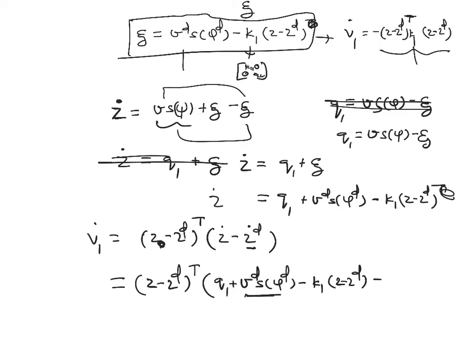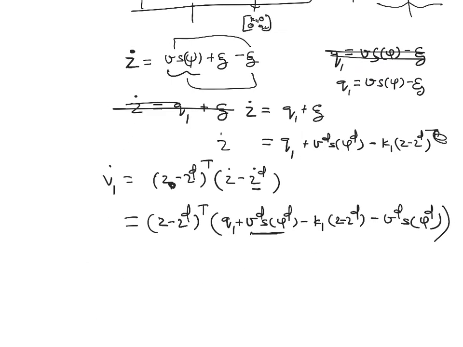So it is minus of vds psi d. Now we can cancel this out, and v1 dot is basically z minus z desired. I think error coordinates would have been better.